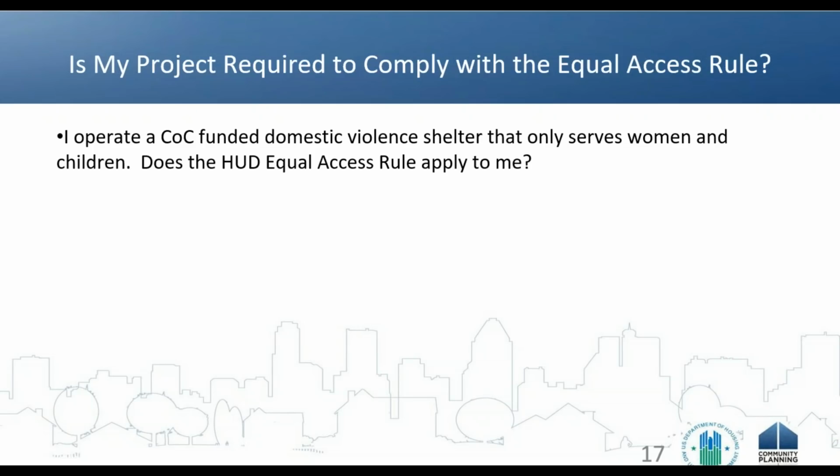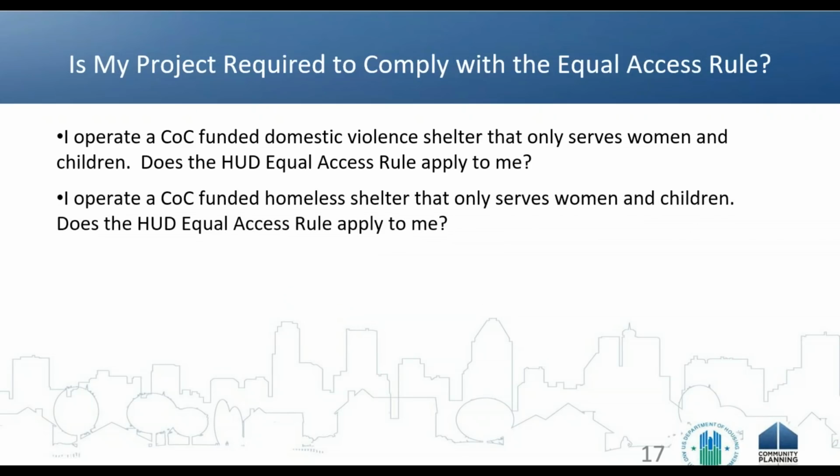The next question: I operate a CoC-funded homeless shelter that only serves women and children. Does the HUD equal access rule apply? Yes, it does. There is not a constellation or a program that permits the service of just women and children. Unfortunately, what we've seen in some projects is even identifying a particular age that a boy must exit the project, which was really disheartening and surprising to discover.